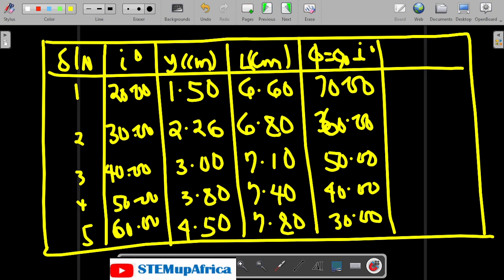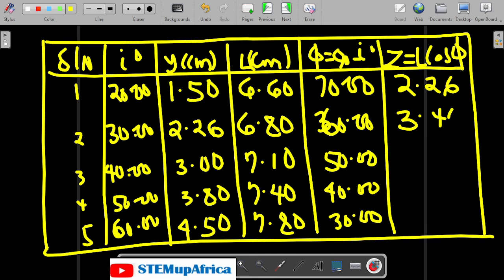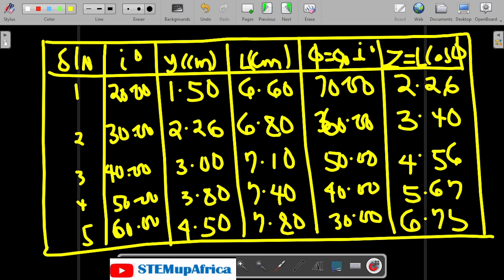Then we also have Z as L cos phi, which is cos 70 times 6.6. That will give us 2.26. Then the next one will give us 3.40, the next 4.56, the next 5.67, and the next 6.75. So this is the table down.